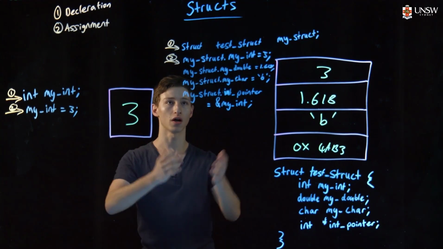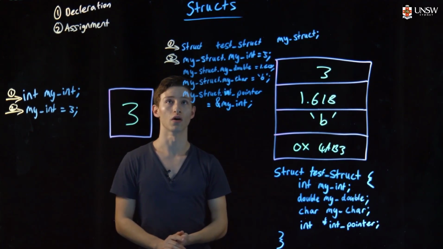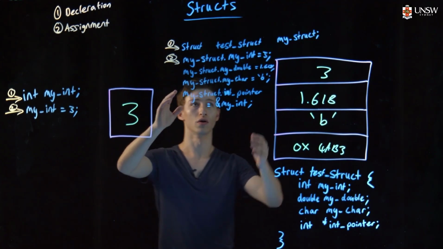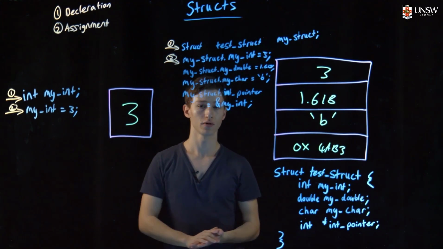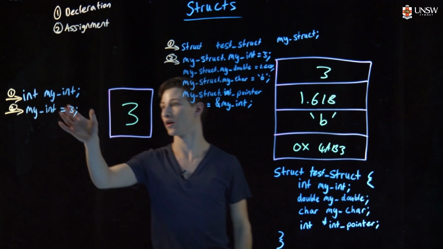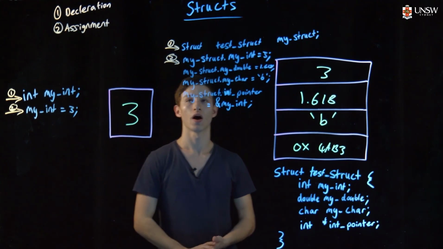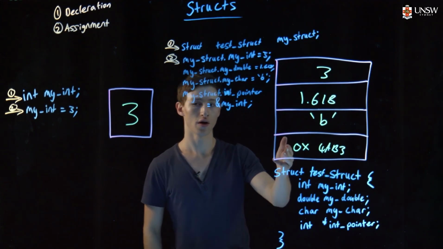Here, it's similar. It's just a little longer because we have to set each of these fields individually. So step 1, the declaration. So just like int is the type over here, struct, test struct is the type, as you can see defined here. And my struct is the name, just like my int is the name over here. And then declaration, we're going to assign each of these individually.